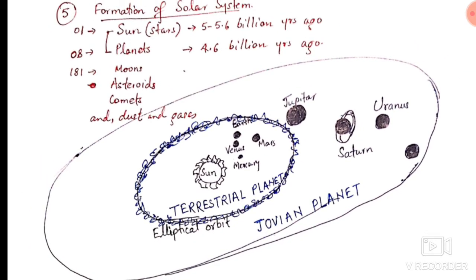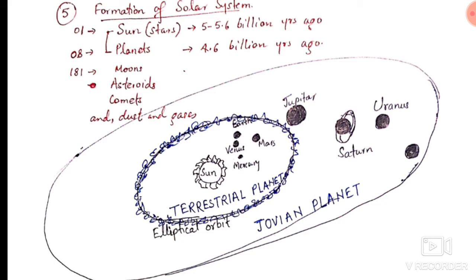In this diagram, there are two elliptical circles, and the center of these two elliptical circles is the sun, which acts as a core around which all the 8 planets are revolving. Among the 8 planets, 4 come under the inner circle, and within the inner circle, 4 planets are there which are termed the terrestrial planets.